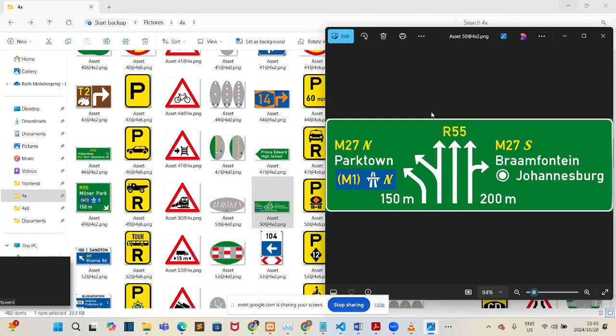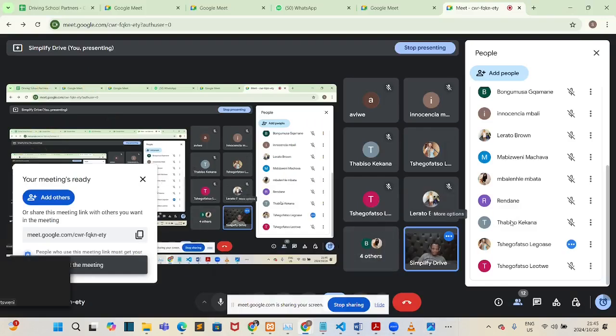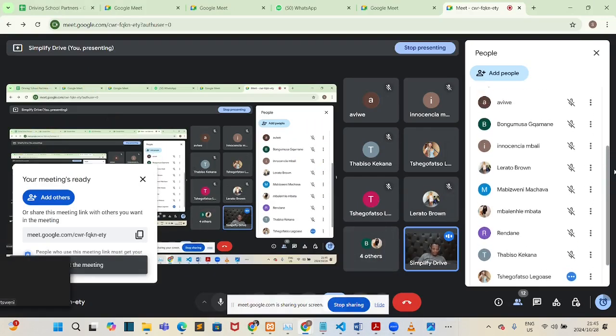Correct. When a sign has this green background, what does it mean, Sebo? I'm not sure, sir. When a sign has a green background... Wait, to be honest, I forgot. All right, let's see who we have.